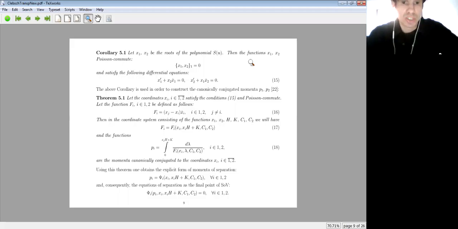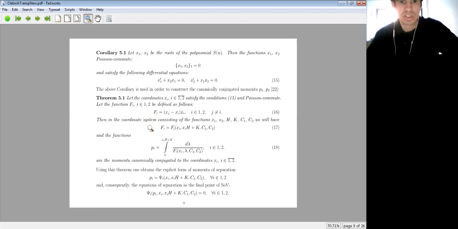With the help of these conditions, we can also prove the following important theorem, which we proved with Franco in an earlier version of our paper. So let the coordinates xi satisfy condition 15 and Poisson commute. Define the functions phi i by formula 16.